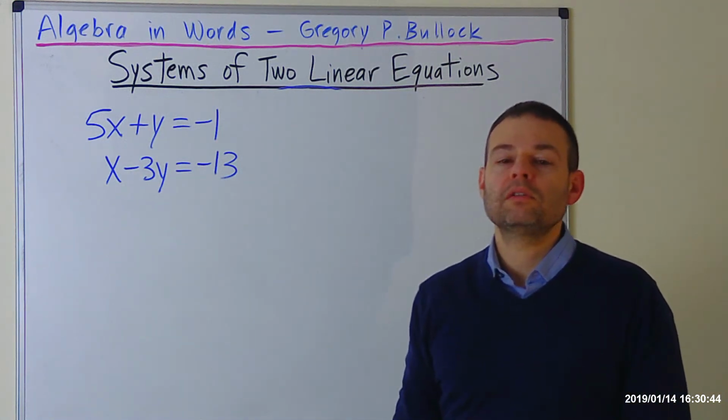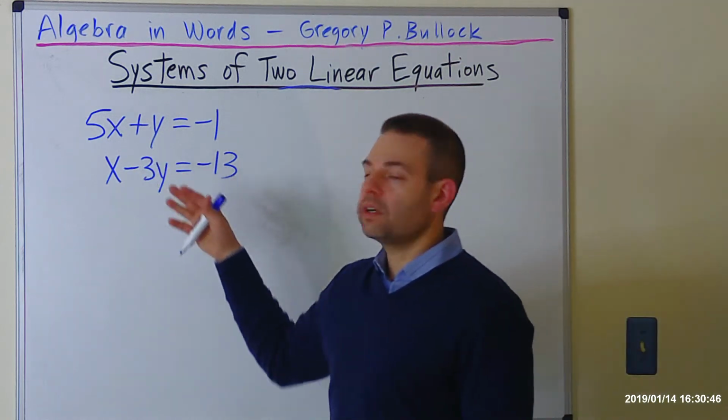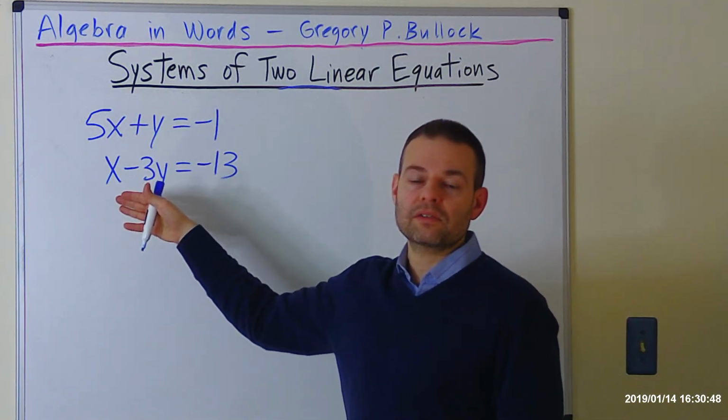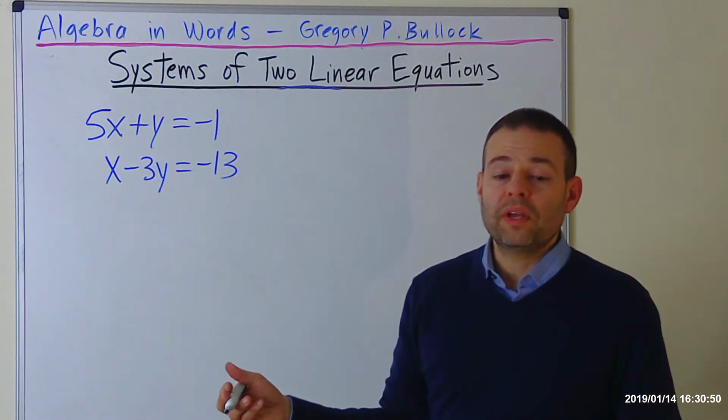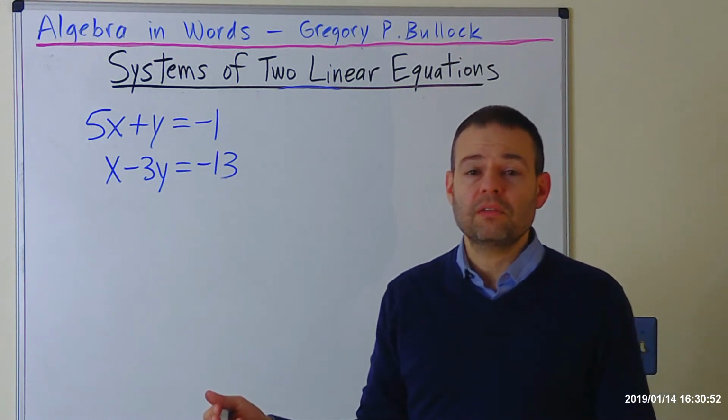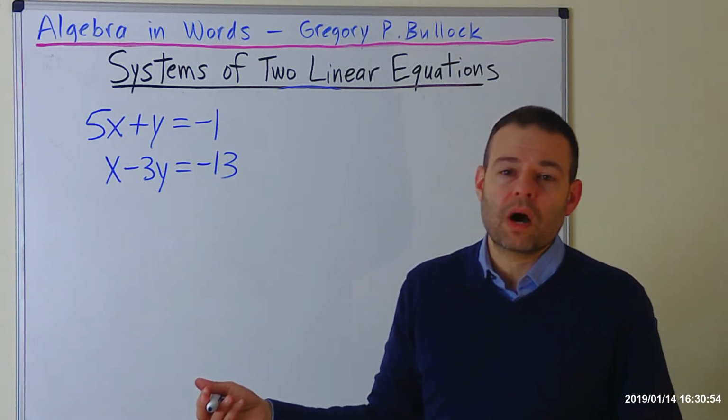So let's multiply. Honestly, we could have converted either the x's or the y's. When you're not sure, or when it could be either, just choose one. I'm choosing the y terms.